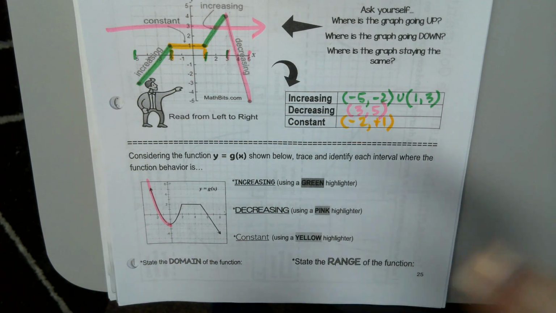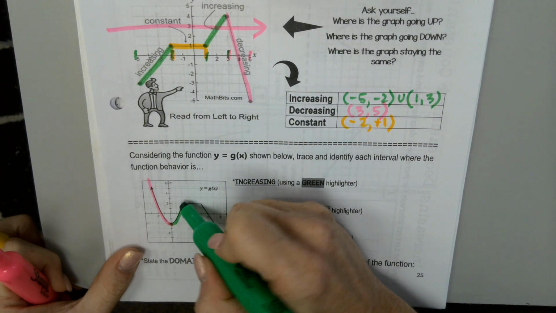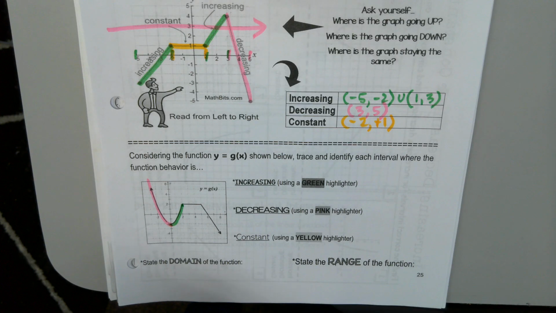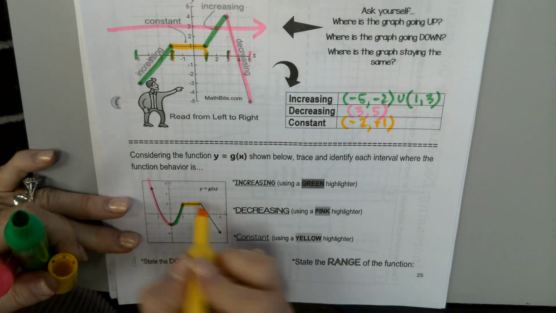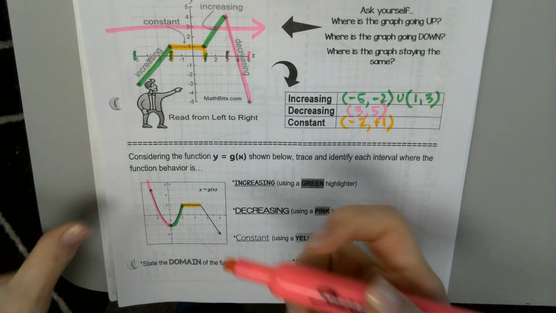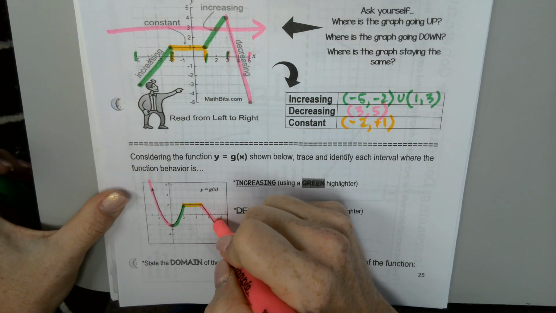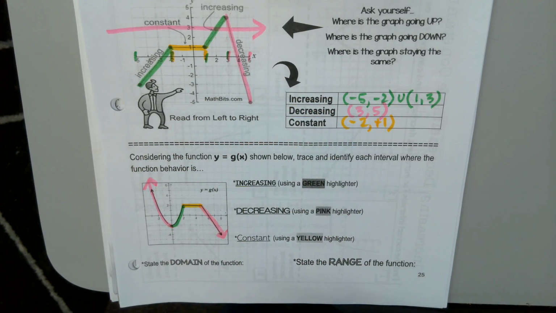It is decreasing. Then it turns and it goes up. Then it's flat, so that's constant. And then the last part of this graph, it's falling from left to right.